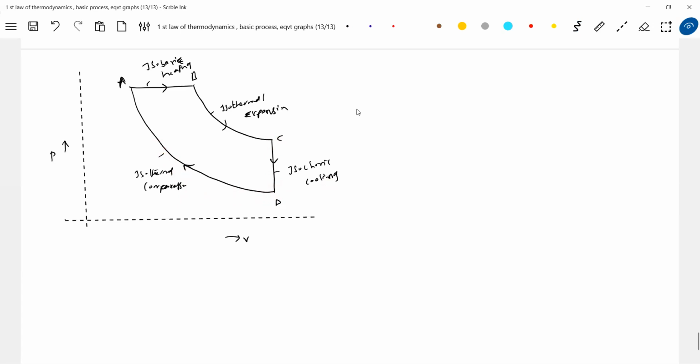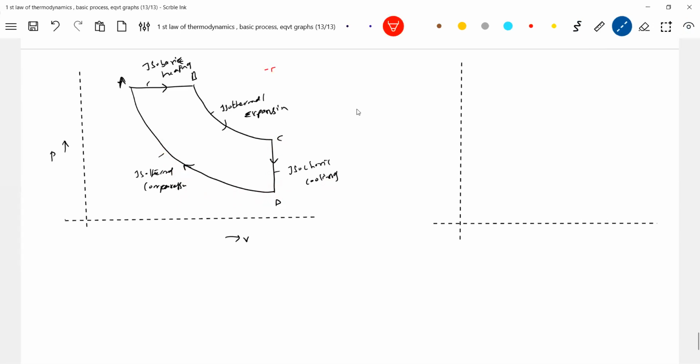Okay, it's not giving any P naught, V naught value. A rough graph is being asked. I'll begin first with pressure versus temperature. In an isothermal process, what should happen to temperature? Temperature must be constant, no?